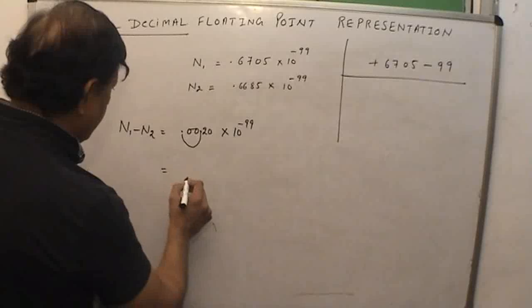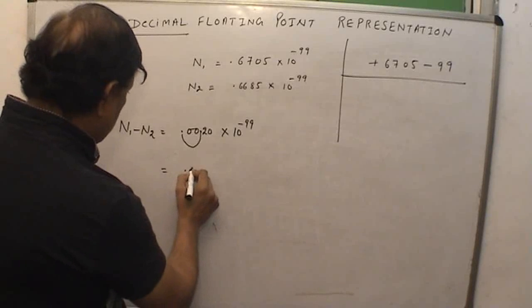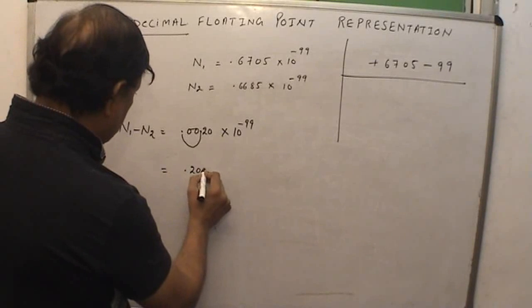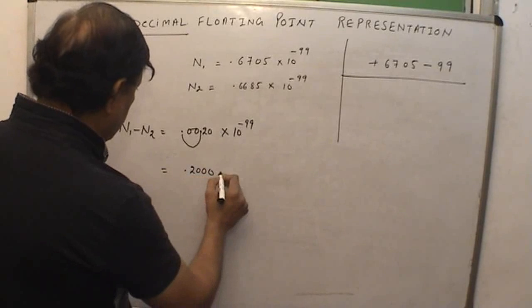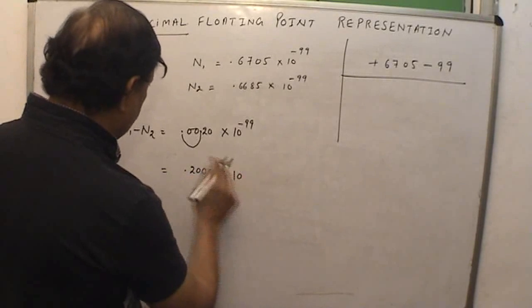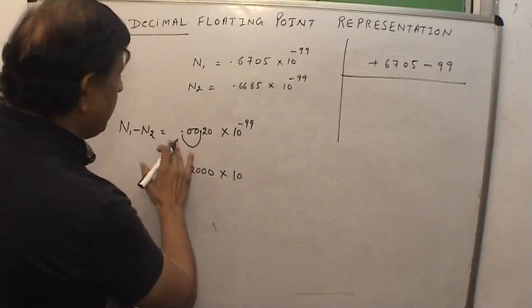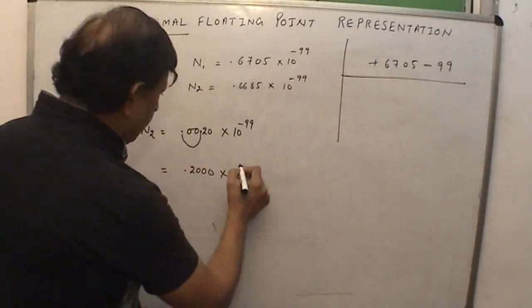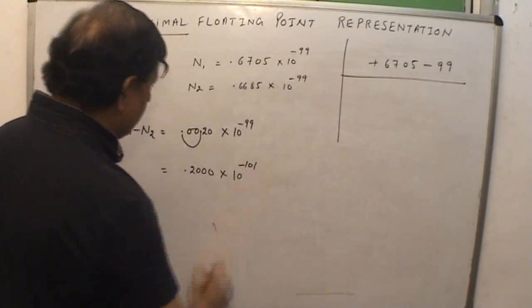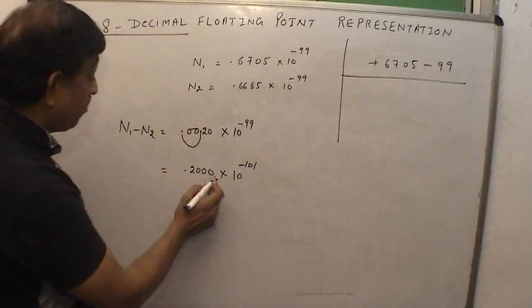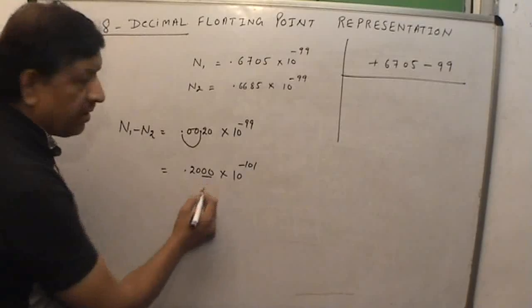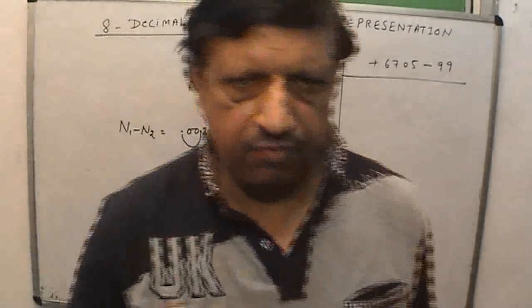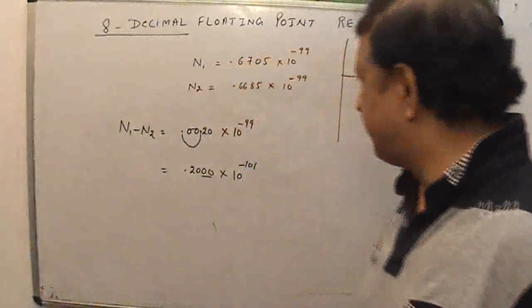So we write it in this way: 0.2000 into 10 raised to the power, and since we have shifted it to the right, we add minus 2. It will become minus 101. The remaining two figures are written to fill up the 4 places for the mantissa.